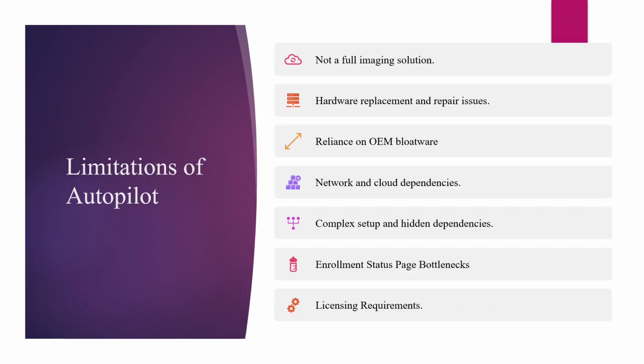The devices must be connected to the internet right out of the box and have unblocked access to Microsoft endpoints. If your Wi-Fi requires a complex certificate or web based login at the out of box experience screen, the Windows Autopilot deployment will most likely fail.